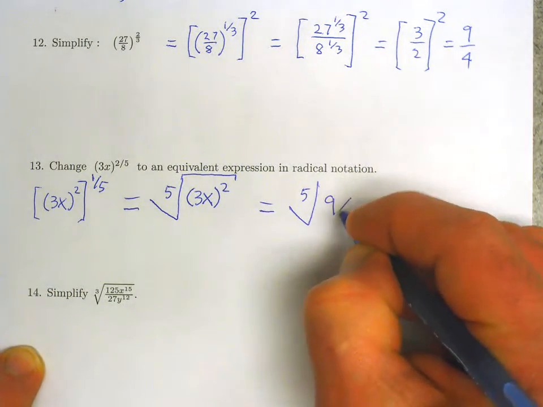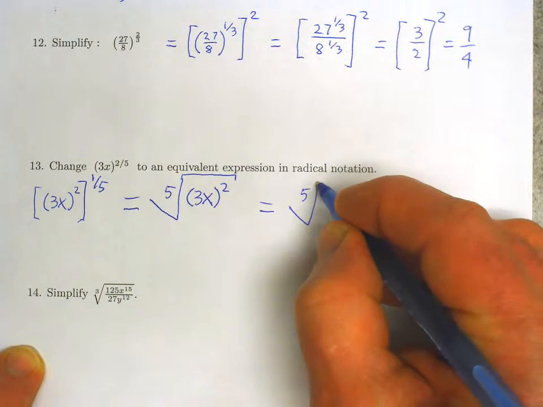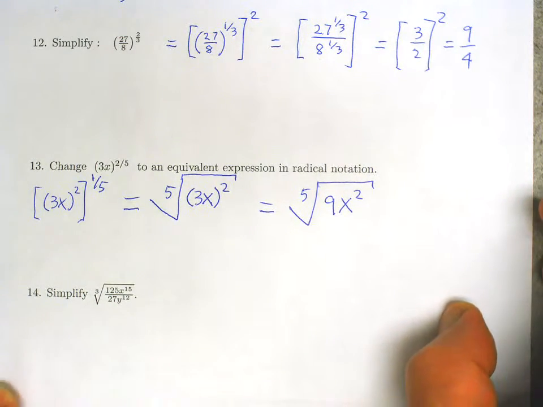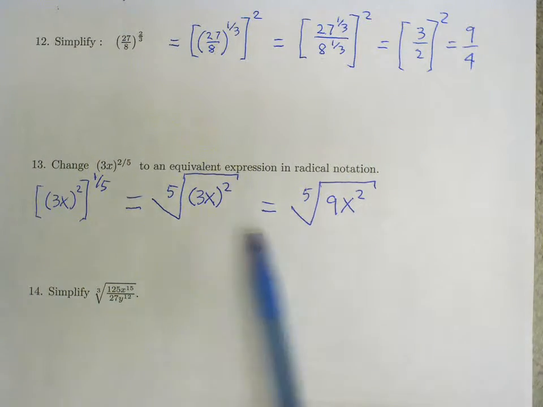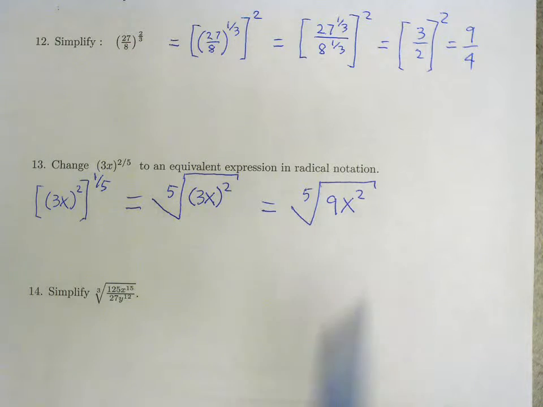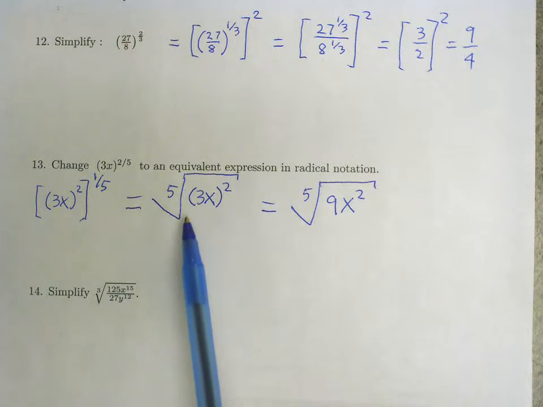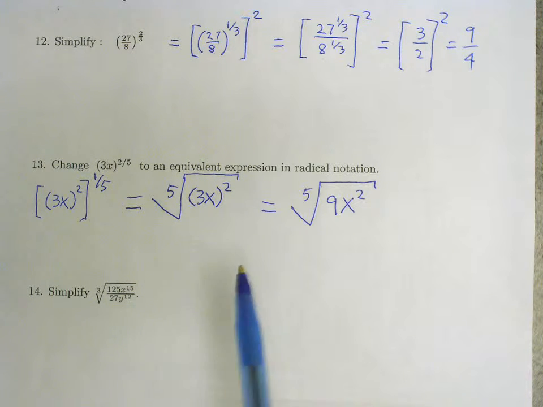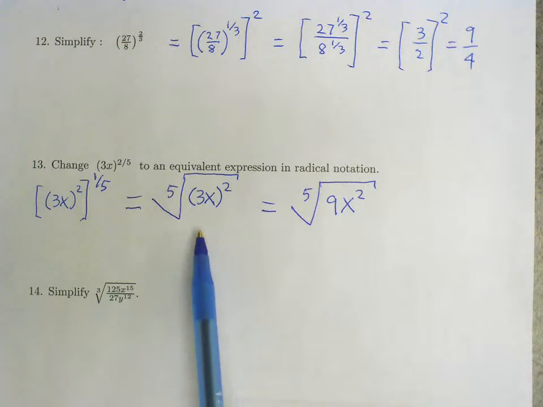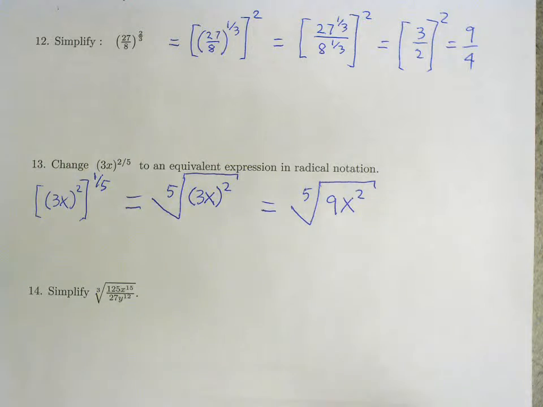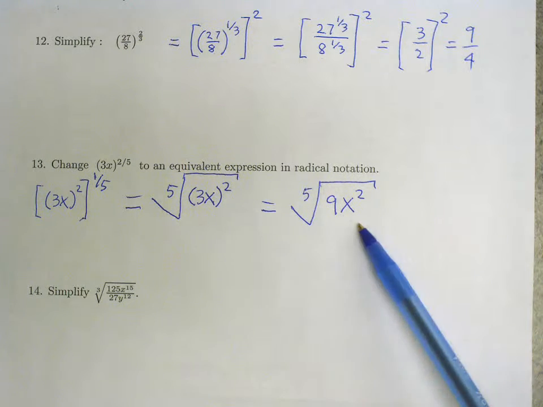So the radicand can also be written as 9x squared. So either of those two is acceptable. If without parentheses you just write 3x squared, then that is incorrect. So make sure that you understand what's going on here.